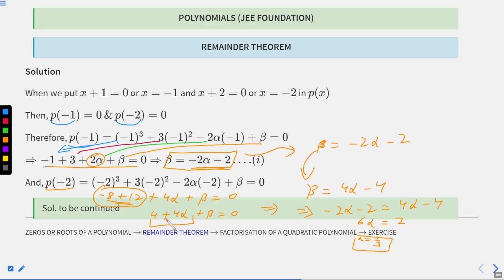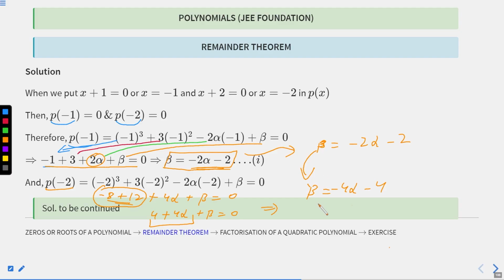So this will be 4 plus 4 alpha. Now from this, let me do it once again, beta equals minus 4 alpha minus 4.